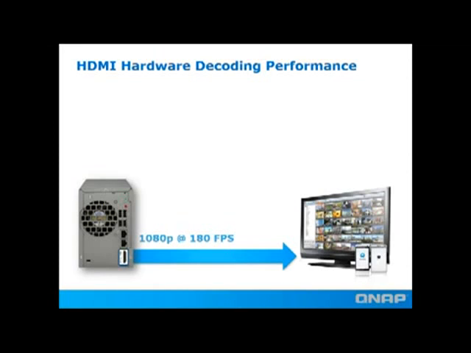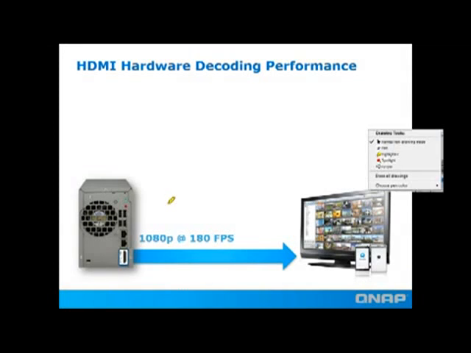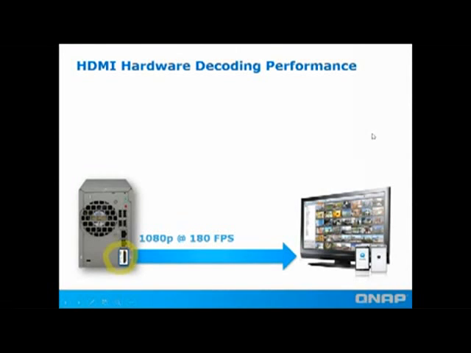But the second processor is embedded for the HDMI. So when you are watching something on the HDMI screen, the decoding effort is not being used by the main processor. It's offloaded into a dedicated processor for decoding. And if you're watching 1080p videos, you can have up to 180 total frames, which is approximately 6 cameras at 30 frames per second.